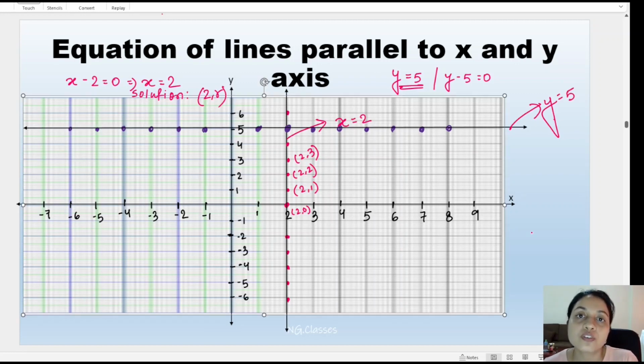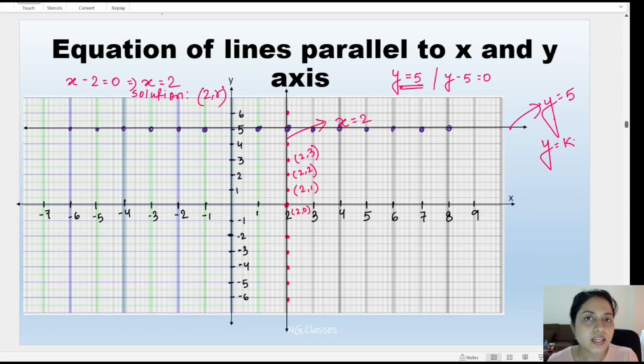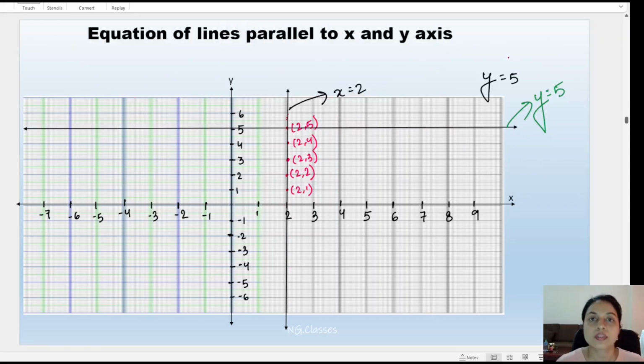Hence, the equation of a line parallel to the x-axis will be in the form y equals k, or y equals any constant number. And the equation of a line parallel to the y-axis will be in the form x equals k. Here also k represents any constant. Let's write it here.